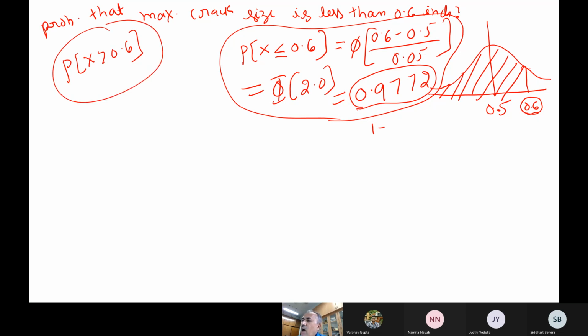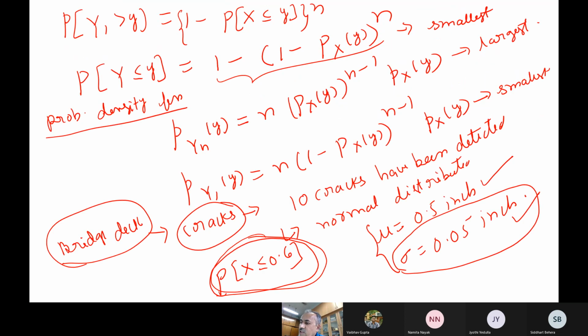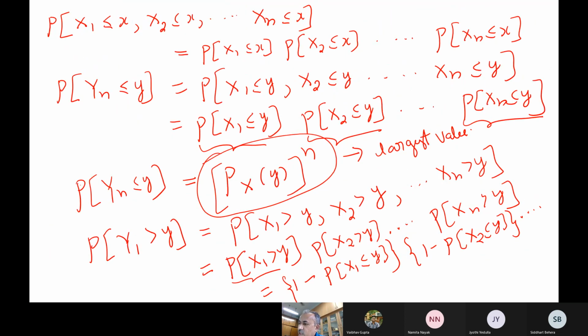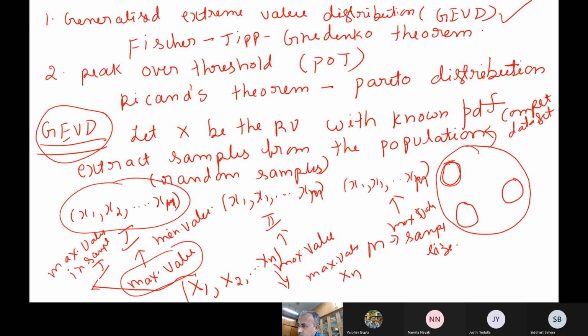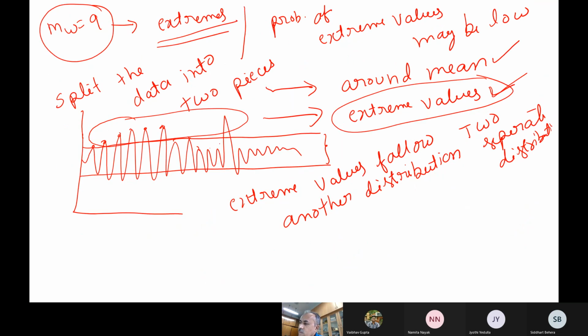And now as per our analysis, what is our discussion saying? What is it that we have done here? Extreme value theory means what do you have to do? If we calculate this way, then we may underestimate.